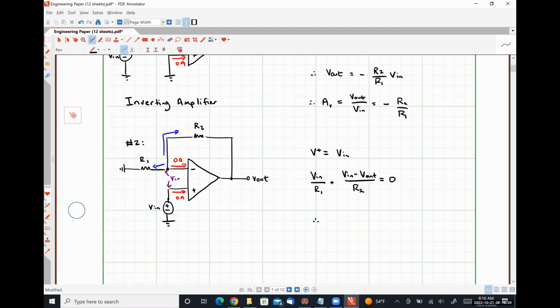And after a small amount of algebra, what we will find is that V out is equal to 1 plus R2 over R1 times V in, which means we have a voltage gain. V out over V in is equal to 1 plus R2 over R1.